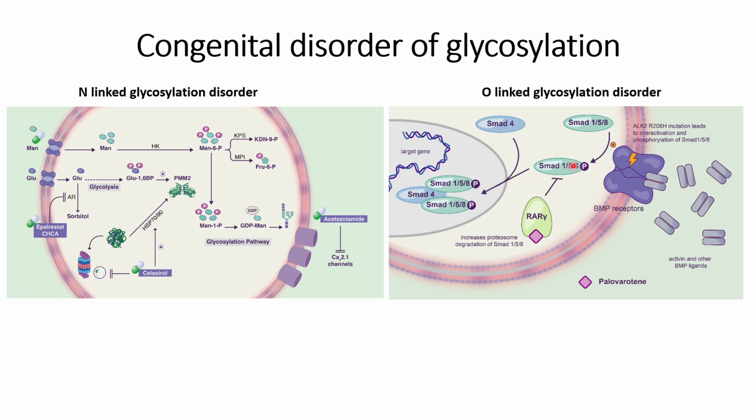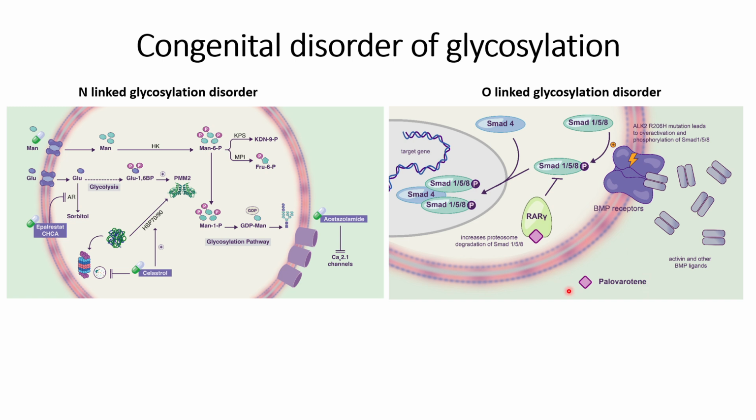So instead of moving SMAD 158 and 4 towards the nucleus and upregulating the genes that help in high BMP receptor formation, these SMAD pathways will be directed towards proteasomal degradation, and so the upregulation will not occur, or the epigenetic changes will not occur, and the BMP receptors will be reduced whenever this drug, palovarotene, is used.